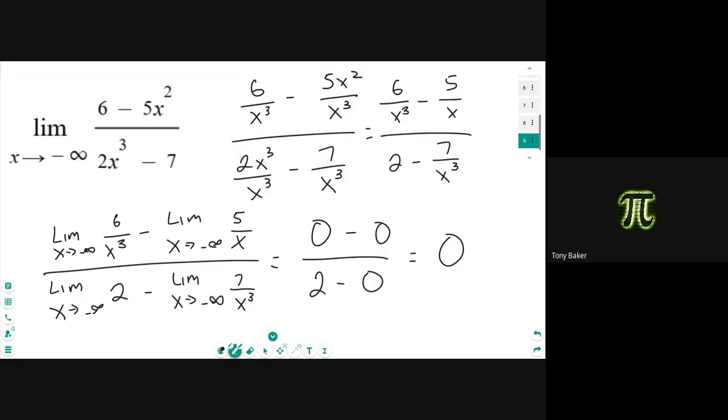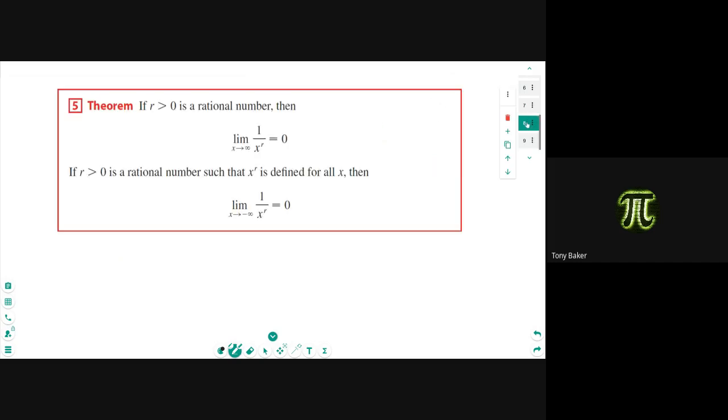Because you actually don't want the x on the top. If you have the x on the top, it becomes infinity over infinity, which doesn't work. So if you notice, that's one very important thing about the rule. It is a 1 on the top.